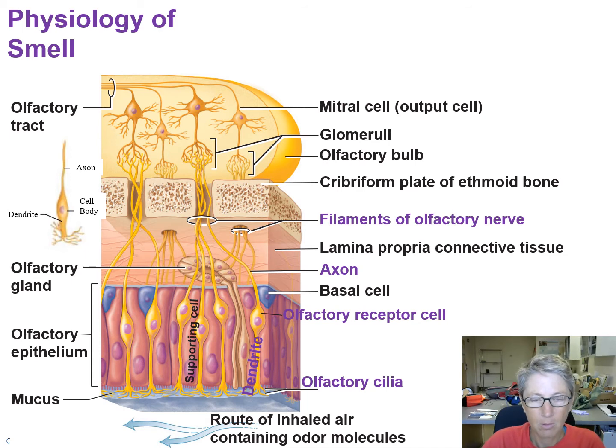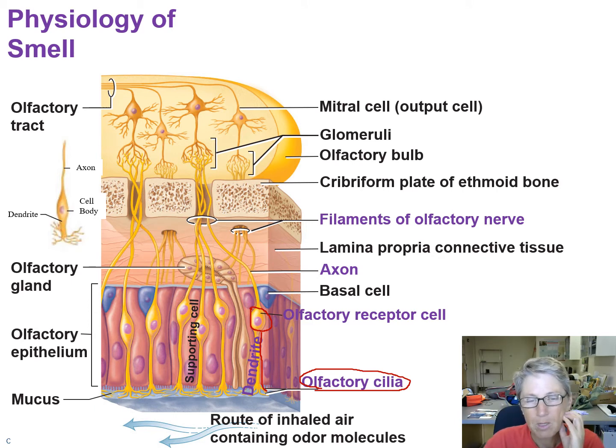Okay, so let's take a look at what we have here. Here's our hero, the olfactory receptor cell. Here's the cell body of the olfactory receptor cell. Here's the dendrite. And at the tips of the dendrite, you have these projections of the dendrite, basically called olfactory cilia. They're just projections of the plasma membrane. And they have receptors in the olfactory cilia that will bind to odorant molecules that will cause a depolarization event.